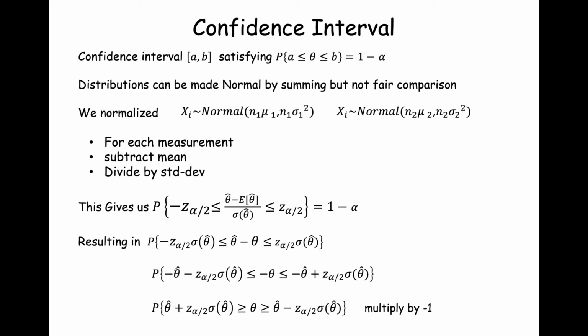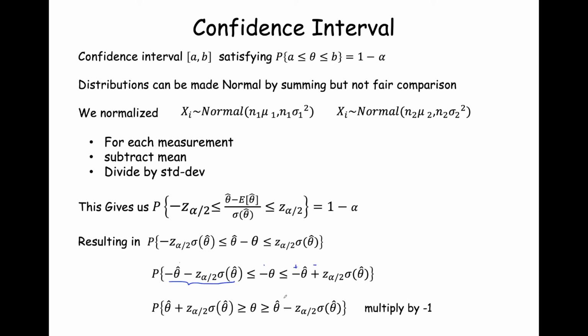All right, I have a negative here. If I multiply by negative 1, these two minus signs go away. So that's theta hat plus my z-score times standard error of theta hat. This minus sign goes away, and that's just theta. This minus sign goes away and that becomes a minus, so this becomes positive and this becomes negative.